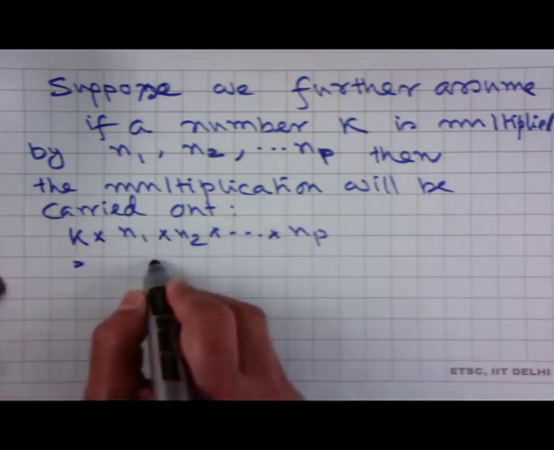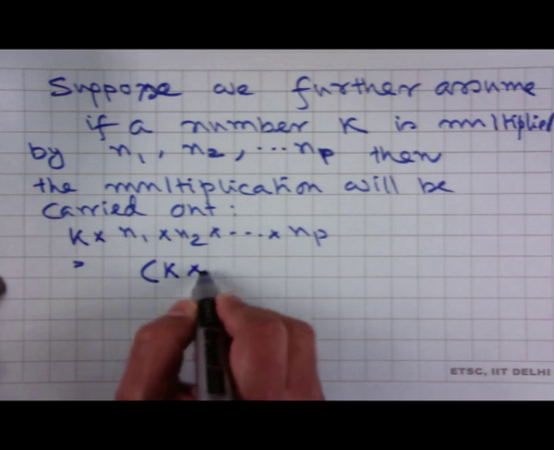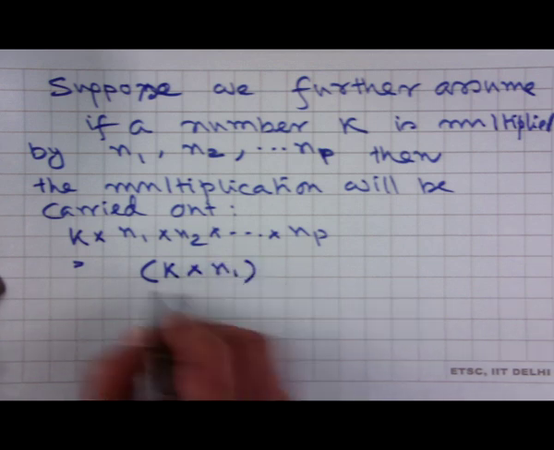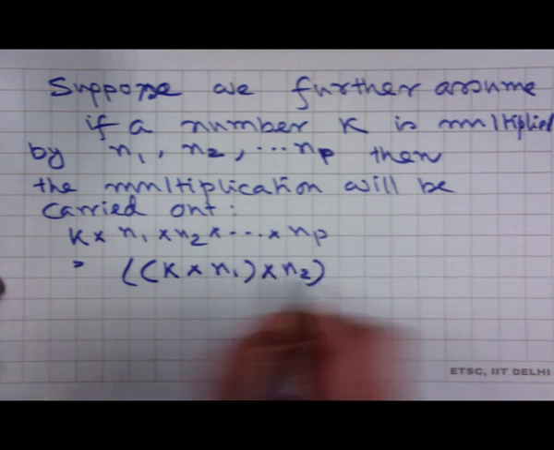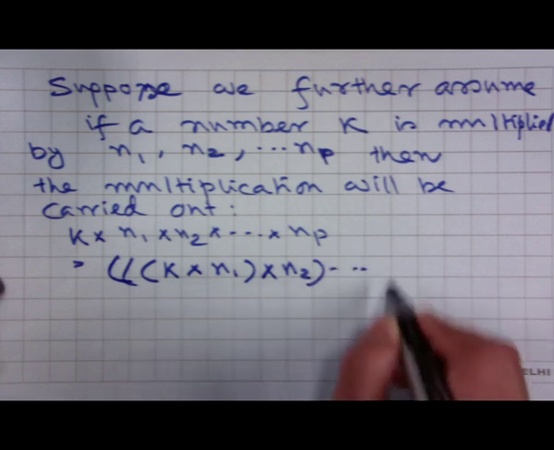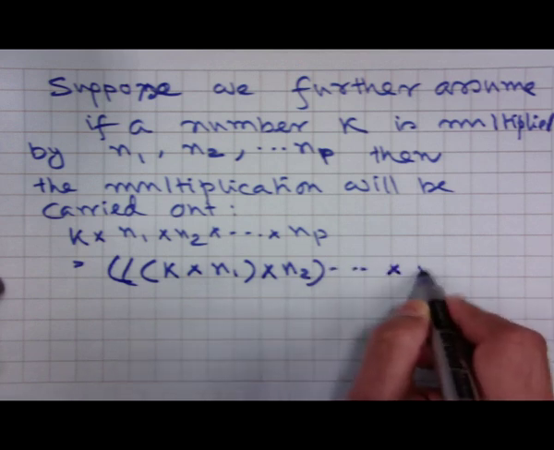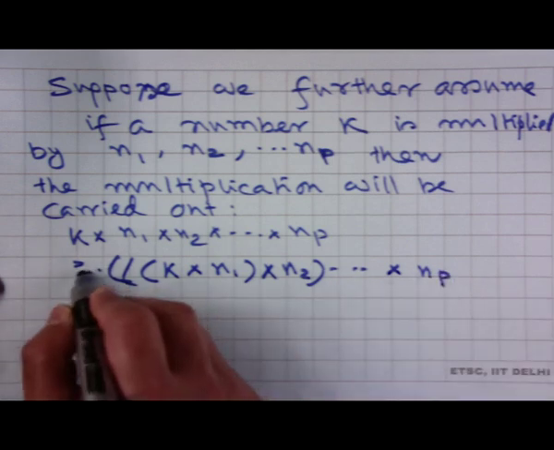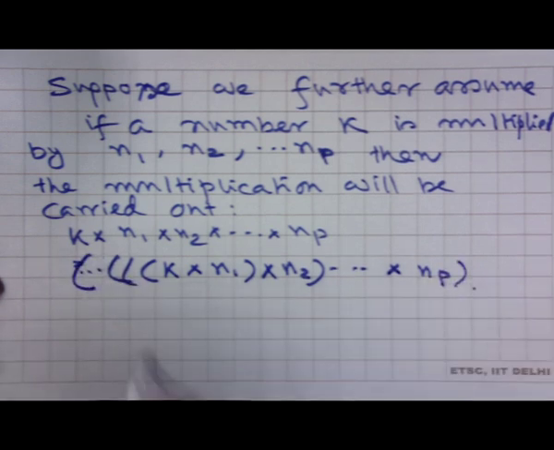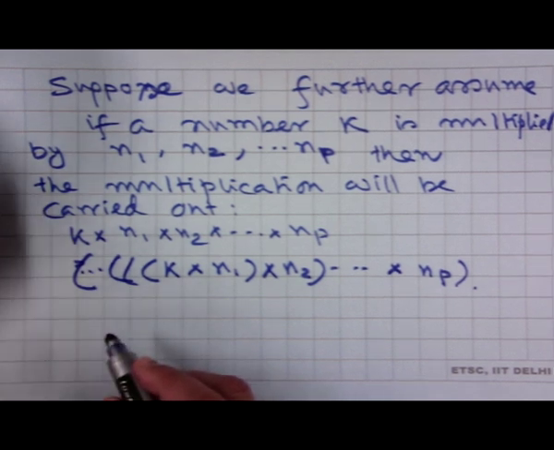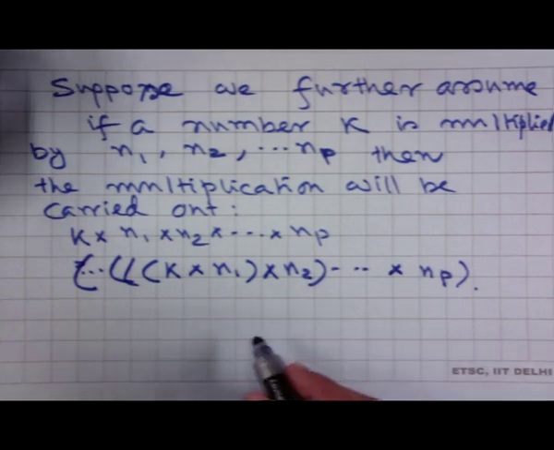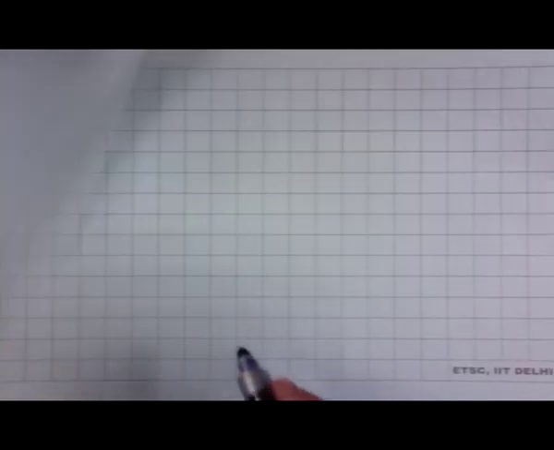I will first multiply by n1, then that product I will multiply with n2, like that I will go, and finally, I will multiply it with np. Let us assume that this is the way we will carry out multiplication successively.